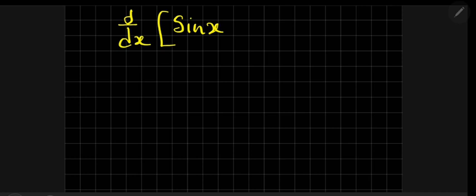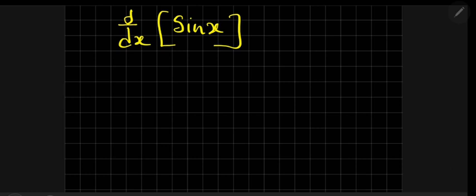We're going to start with differentiating sine x. One more thing before we go into this, you also have to be aware of the general formula. This formula applies everywhere.